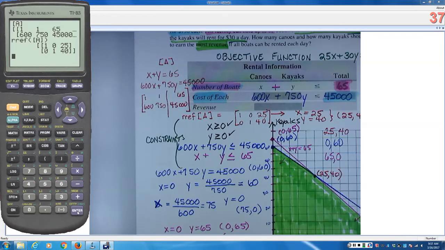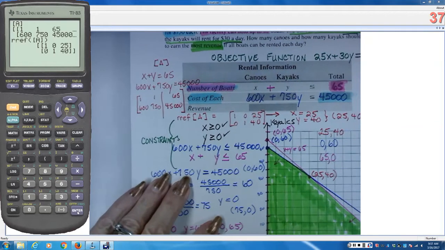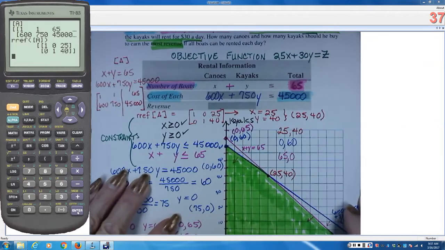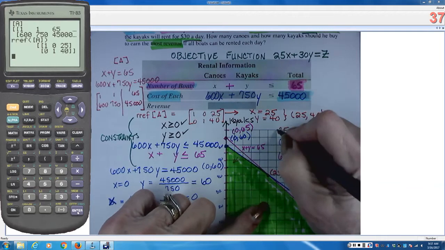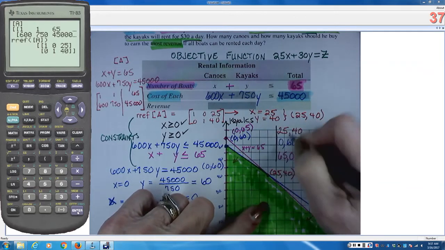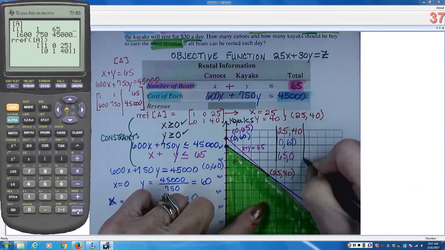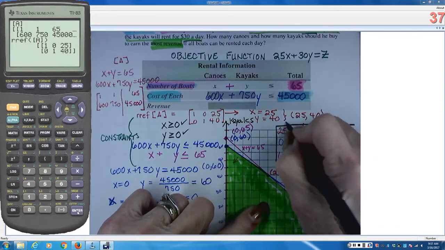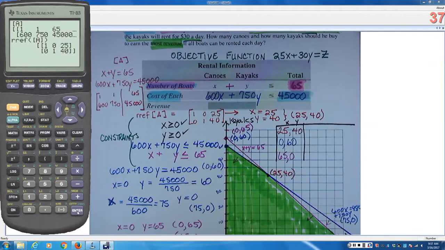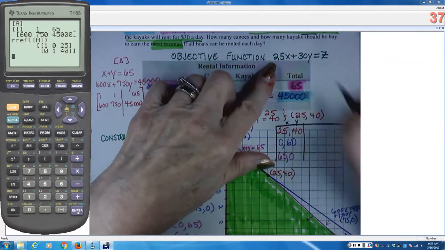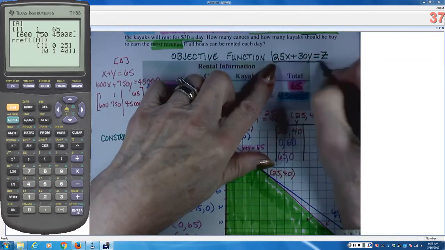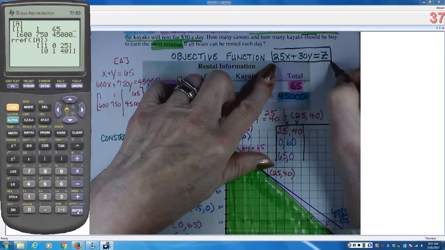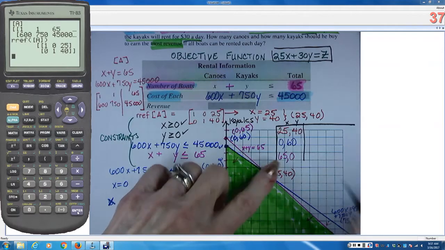So there's the list of all my corner points. And my objective function is 25x plus 30y.